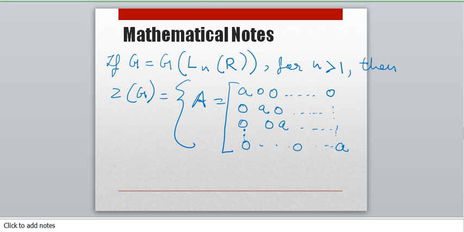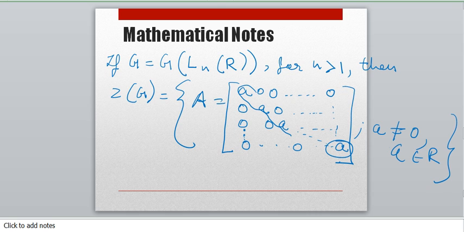The last one goes on diagonally like this, and if you continue you'll get A here. That's the matrix. A will not be equal to 0, and A will belong to the real numbers. So this is Z(G), the center of the group.